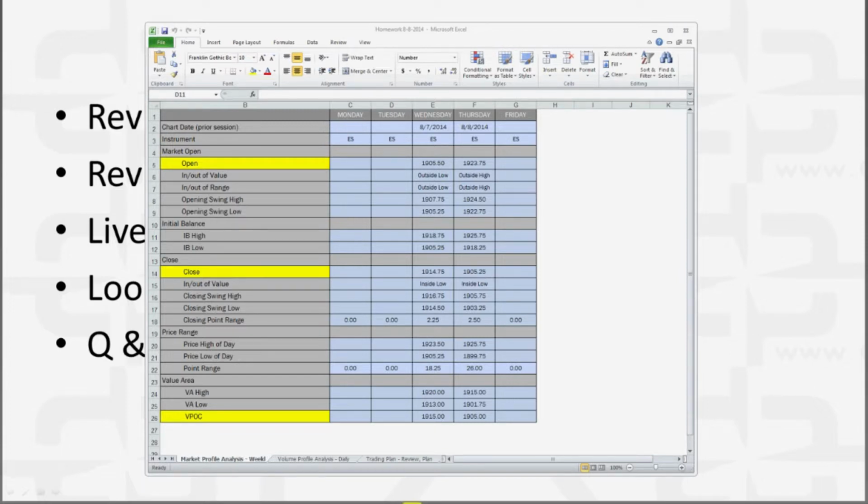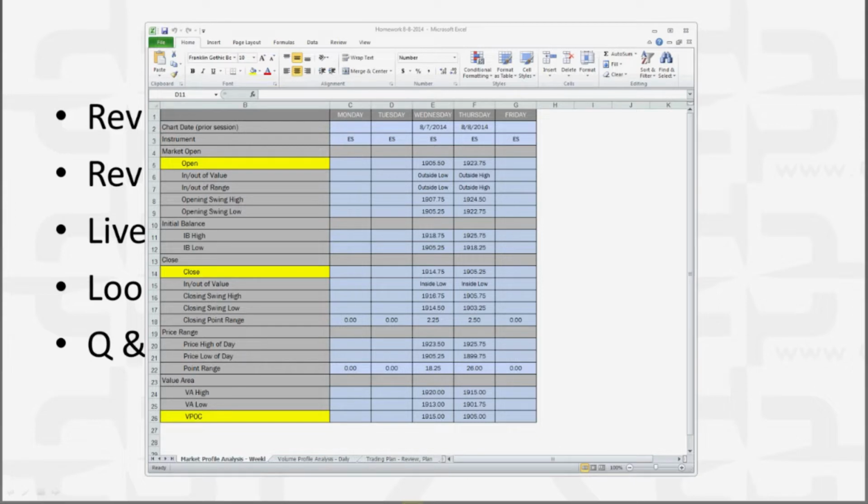So the other element of that would be volume. So what I'm looking at initially is, once again, the open, the close, and VPOC in this chart. And you could add overall daily volume to that as well. And these four elements will start to give you the overall context of the market, and that is to be put in context to the overall chart in terms of whether or not you're in a swing high, or in a swing low.